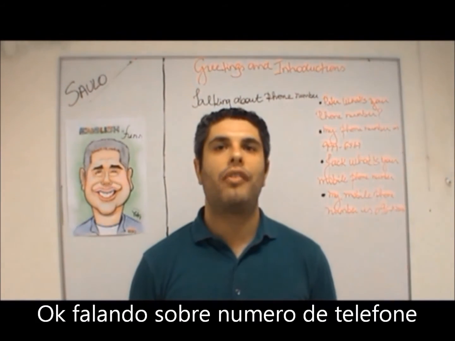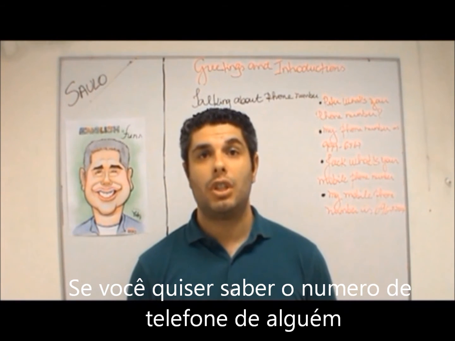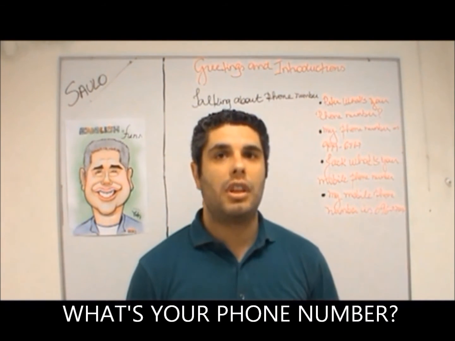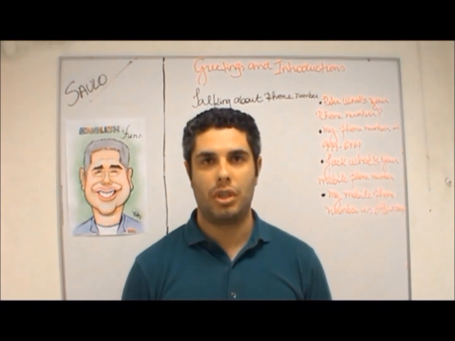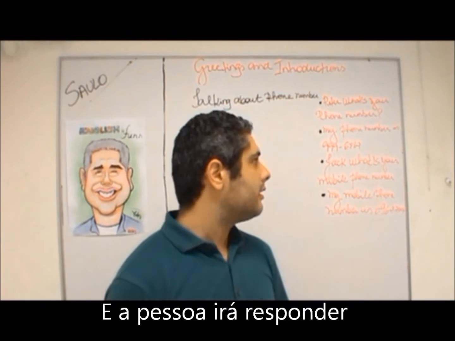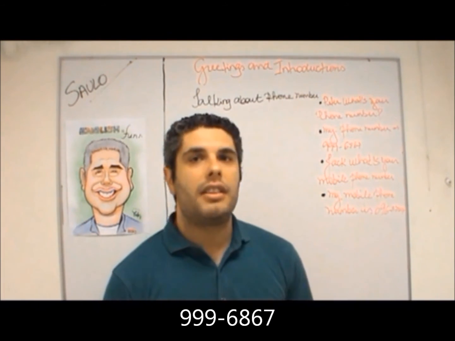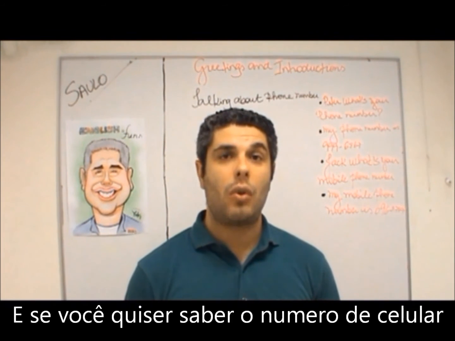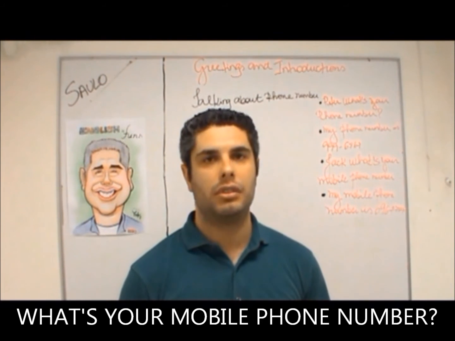Okay, talking about phone number. If you want to know somebody's phone number, you need to make this question. What's your phone number? What's your phone number? And the person will answer, my phone number is 999-6867. And if you want to know about the mobile phone, you ask, what's your mobile phone?